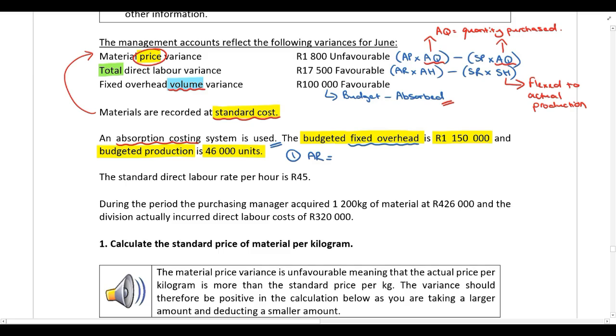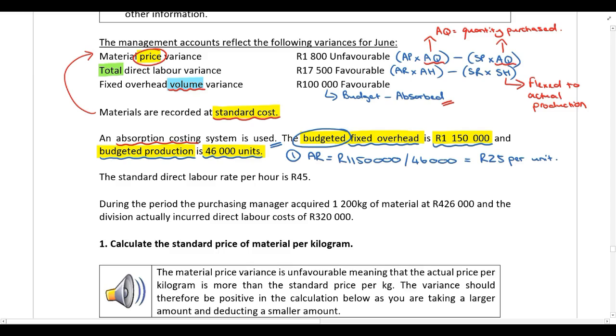And you calculate the allocation rate by taking the budgeted fixed overhead, which is 1,150,000 Rand, and we divide by normal capacity. But if normal capacity is not given, you can use budgeted production. So we don't have normal capacity, but we have been given budgeted production of 46,000 units. So we are going to divide by budgeted production. So that gives us an allocation rate of 25 Rand per unit.